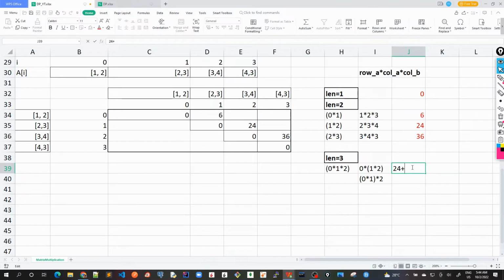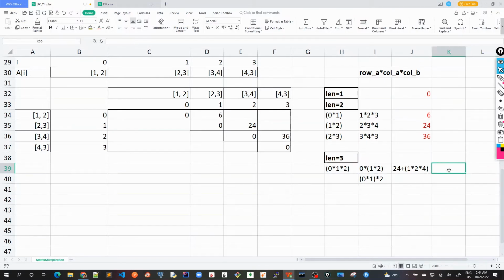So it would be 1 multiplied by 2 multiplied by 4. 1 is the number of rows in 0, and we have already multiplied 1 and 2, which has dimension of 2 and 4, right? The 2 is the common term between 0 and the product of 1 and 2, and finally the 4 is the column of the product of 1 and 2. Let me expand it a little bit. So it would be 8 plus 24, which is 32.